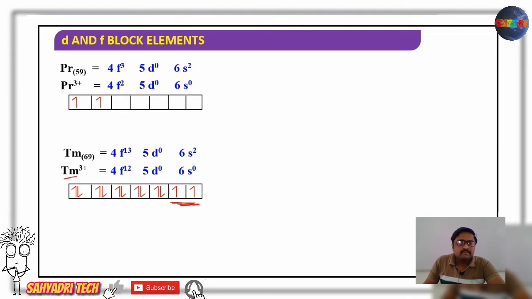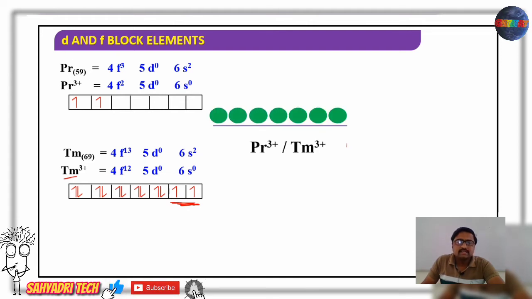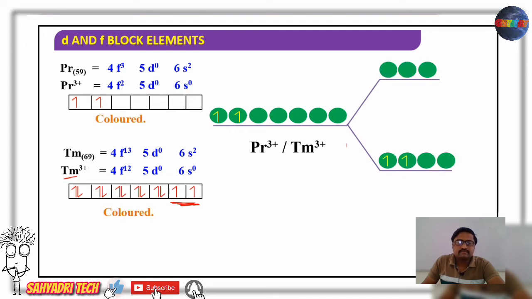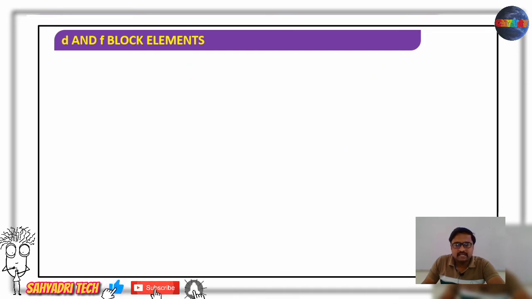So both are going to exhibit color as there are unpaired electrons and there will be vacant orbitals. Therefore electrons are transferred from one energy level to another, so there involves f-f transition, and they exhibit a color.